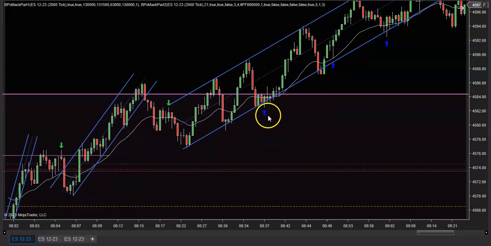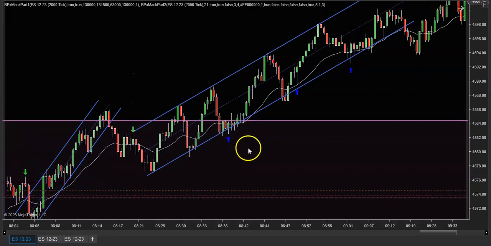So the reason I marked this blue is because it just looks like a repeat pattern. Leg up, 3 bear bars down, leg up, 3 bear bars down. So you get the first entry, second entry, confirmation of the trend channel, high or low. We're making new highs.